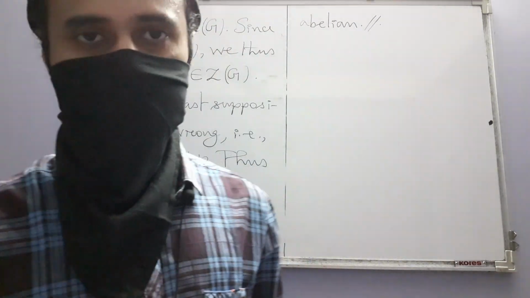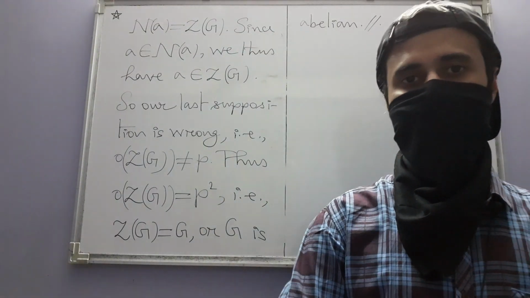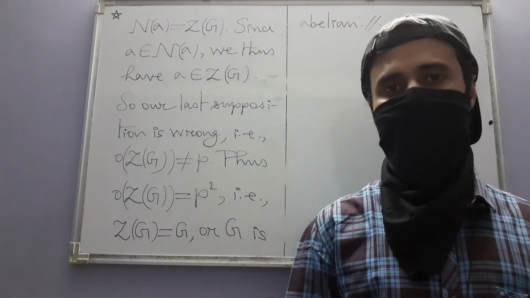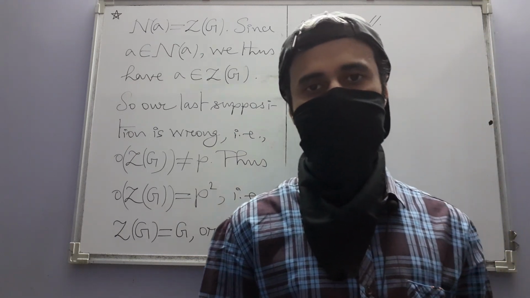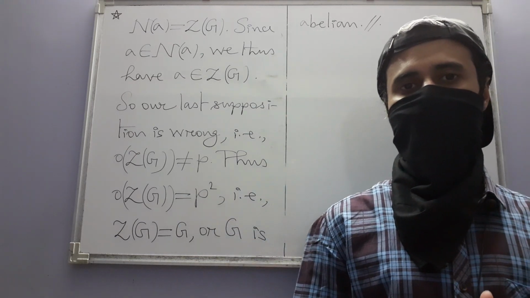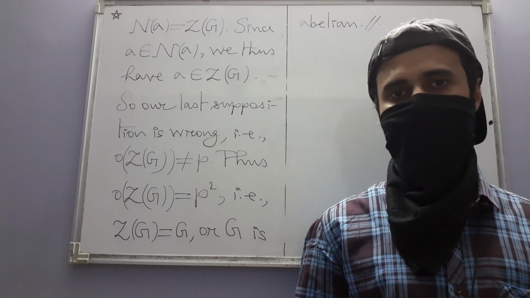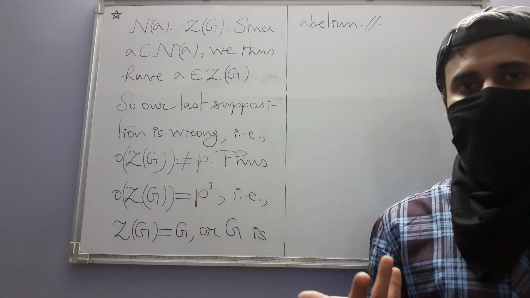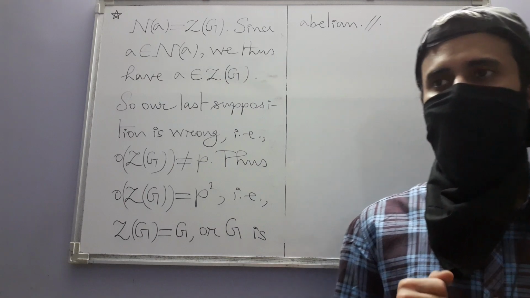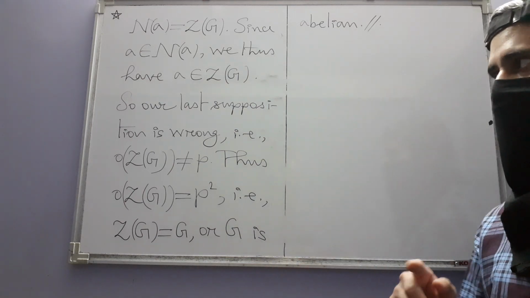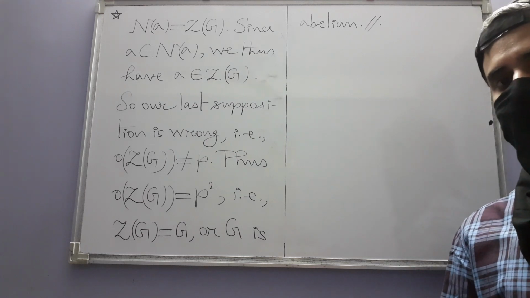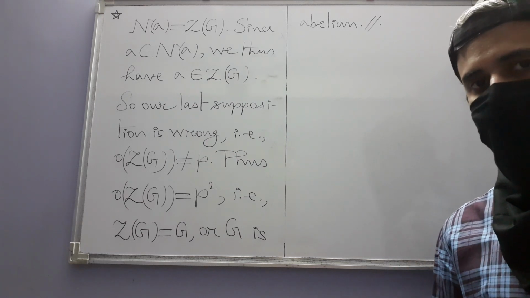Now the application 2 that we have is Cauchy's theorem for any finite group. If you can recall, we have already proved Cauchy's theorem for finite abelian groups at the end of that section where we study homomorphism. But now, using that result and the class equation and using induction, we can prove Cauchy's theorem for any finite group.